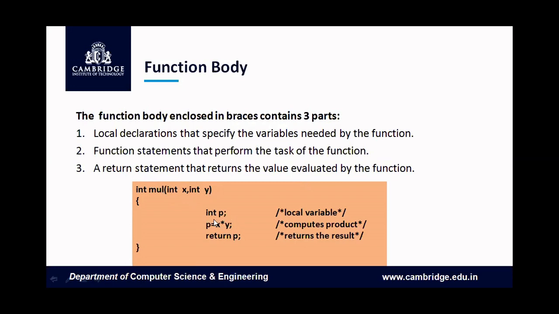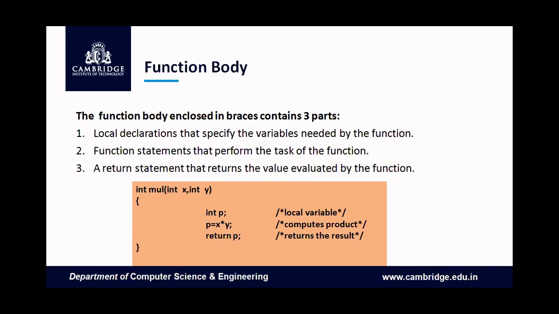Now here we are multiplying x and y. Int p, a local declaration, p equals x into y. After calculation, it returns the result. Where is the result? In p. We return the result p back to wherever you have made a call for this function. At that point, it will return back the value of p.